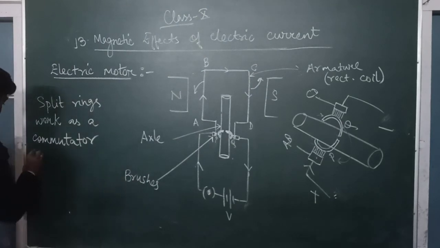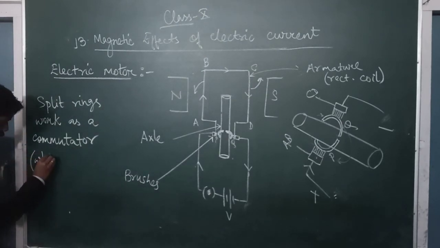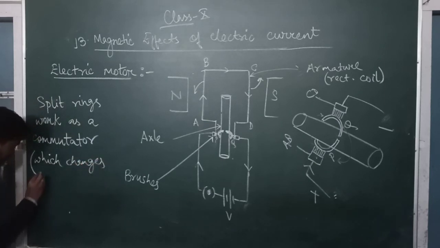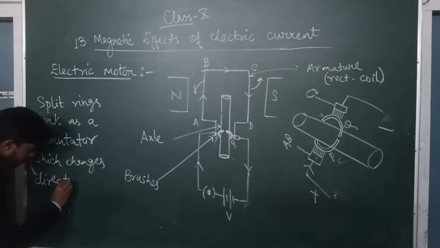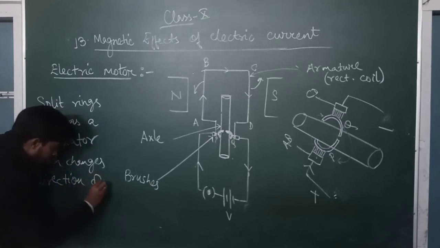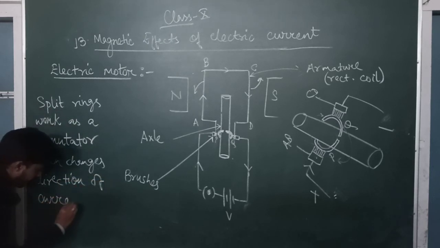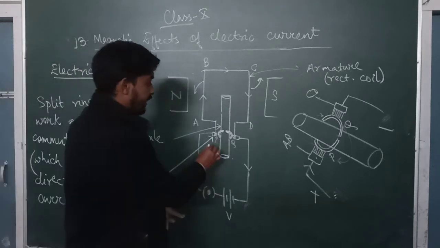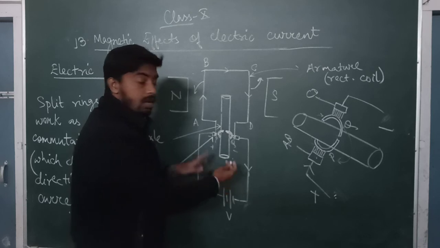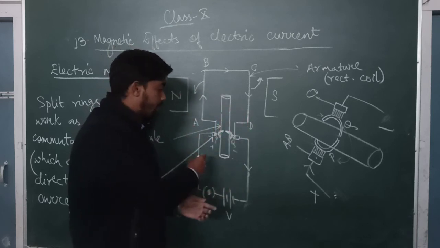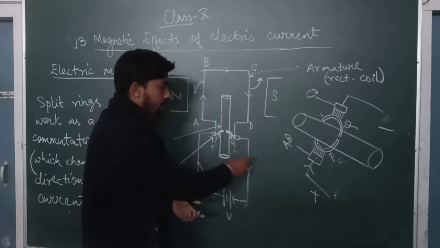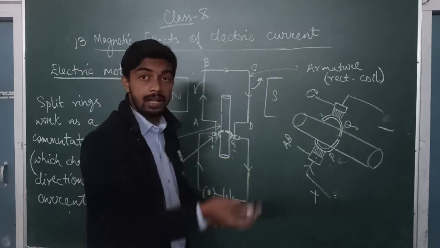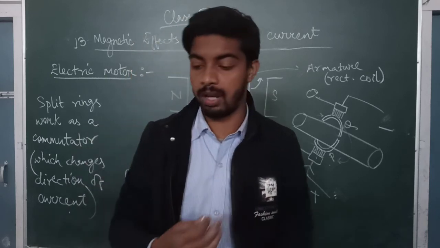So previously P was getting positive and Q was getting negative. Now when the armature turns about, Q will come to this side and P will go to that side, and at that time P will get negative current and Q will get the positive terminal.